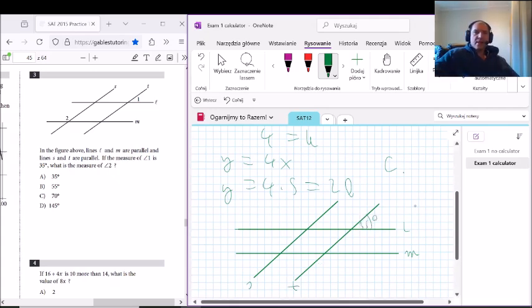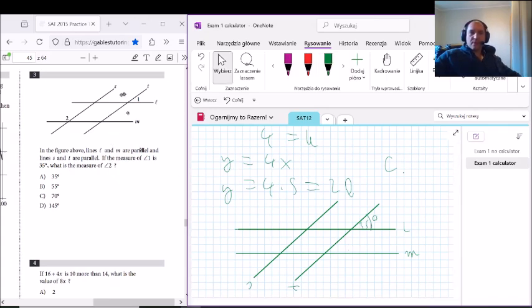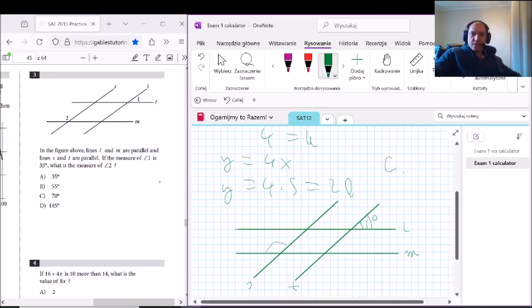Well, calling an angle just 1 is not typical in Poland. We would rather call it alpha or beta. Let's call it here alpha, and we want to calculate alpha. Okay, so here it's 35 degrees. So this angle here is the same as 35 degrees.